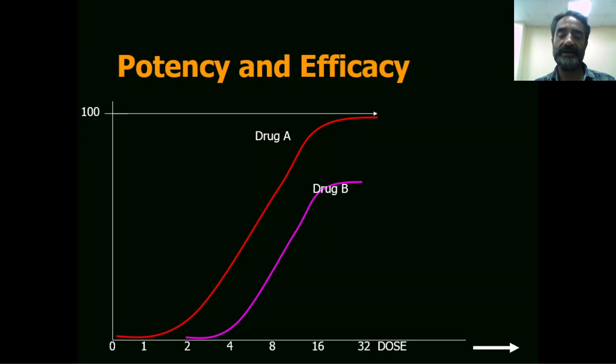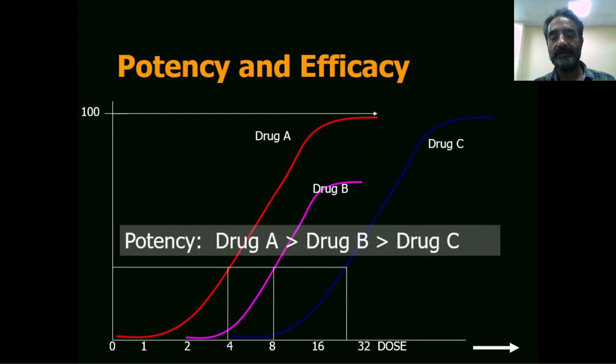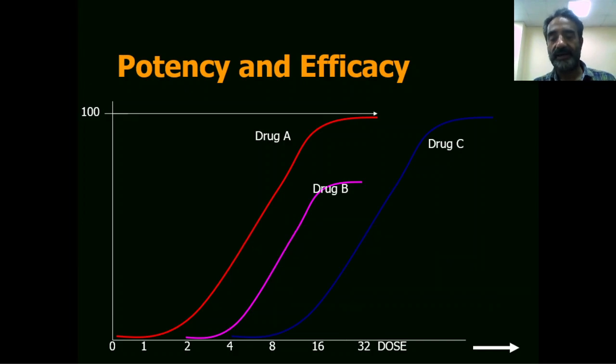You can see the plateaus are different, although the steepness of the slope is similar. Another drug, drug C, is shown over here, with a maximal point similar to drug A. Using these three examples, drug A, B and C, we will observe what potency and efficacy are.